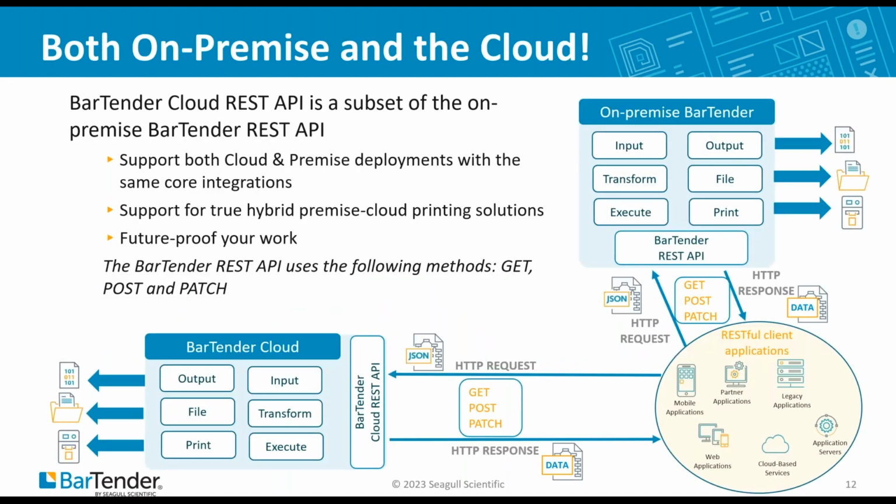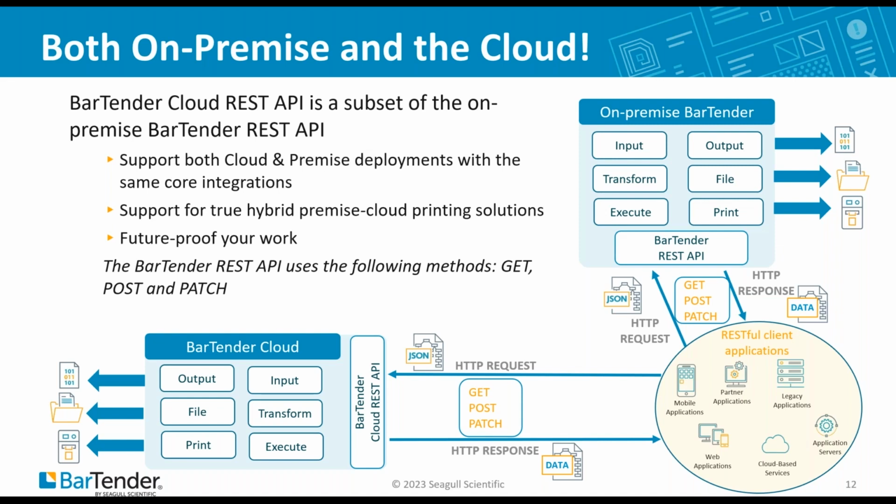One of the great things about this BarTender API, and one of the reasons we're encouraging everybody to go this direction, is that the REST API is basically the same whether you are using BarTender Premise or our new BarTender Cloud that we rolled out last fall.